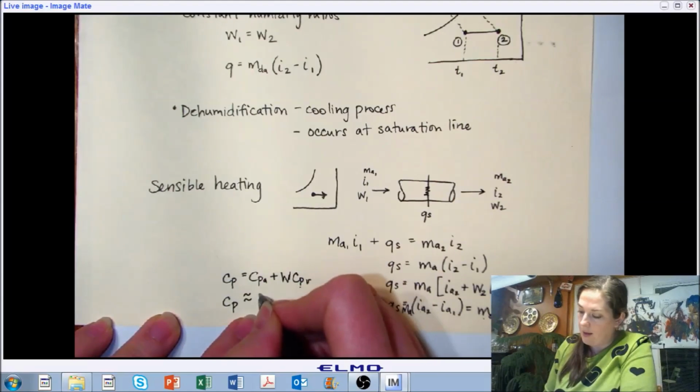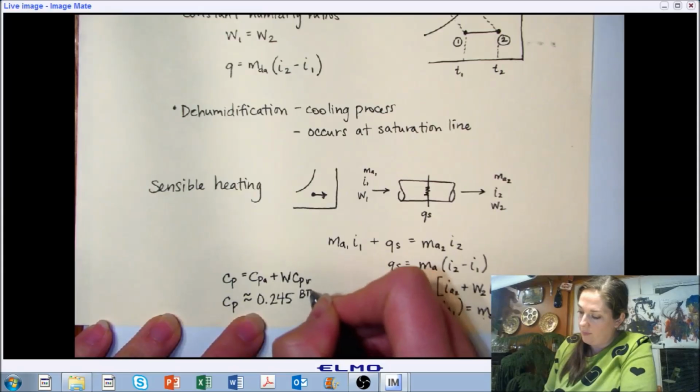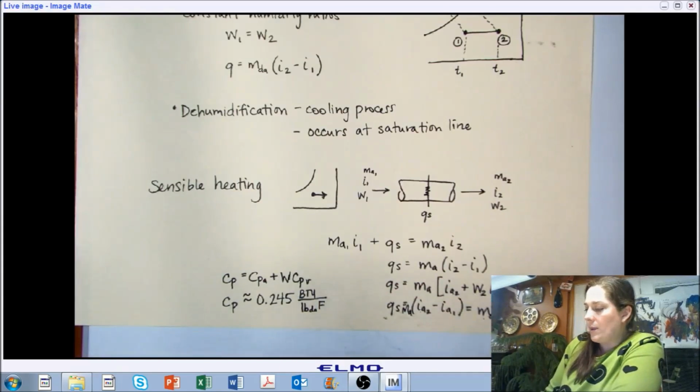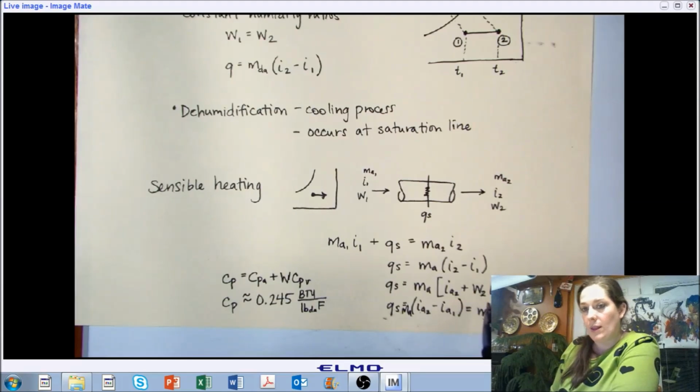And that combined c_p specific heat is 0.245 BTU per pound dry air degrees Fahrenheit. And so what was happening over here as we were breaking it out is that we have a combination of the enthalpy associated with the air and the enthalpy associated with the vapor in the air.